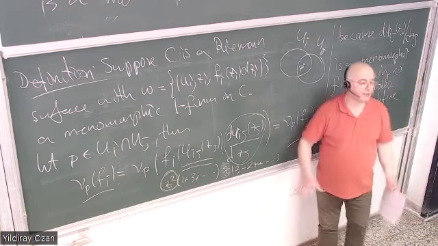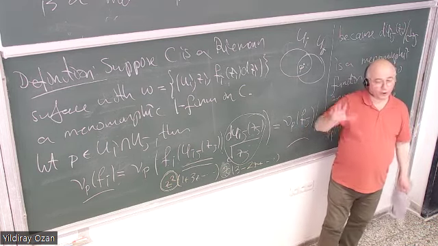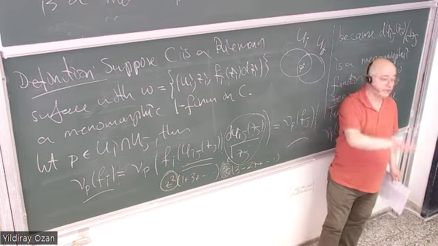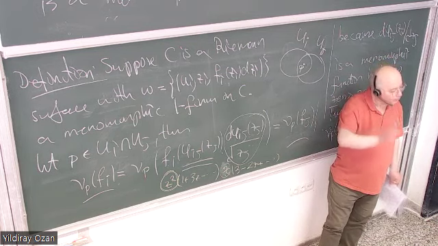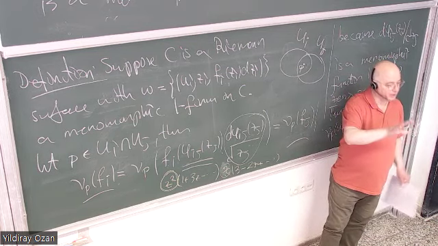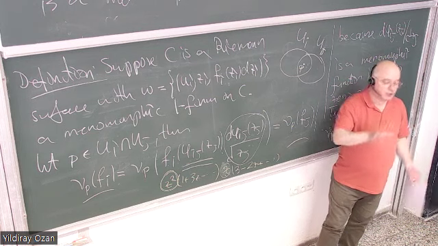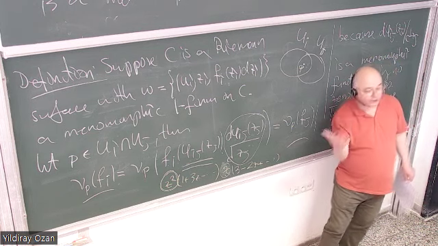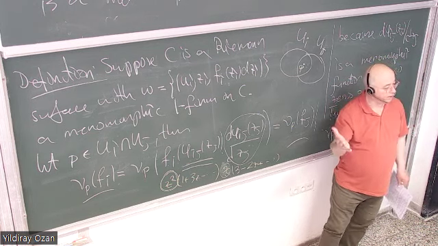Actually, you always work like this. Always you work on an open set in C, but then you have to keep in mind how the coordinates change from one chart to another one.